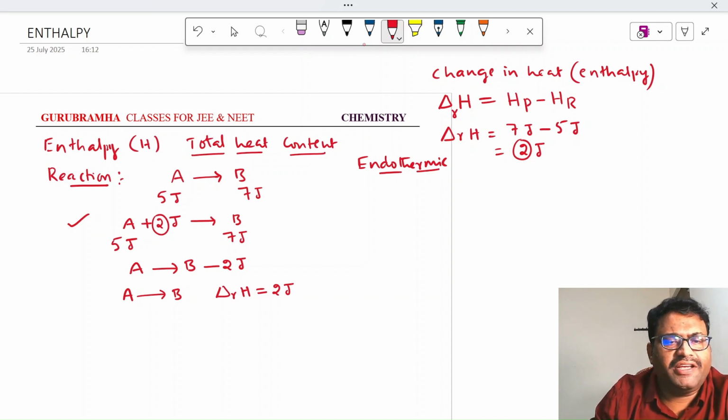Enthalpy is always calculated per mole. So this is one way of representing an endothermic reaction.